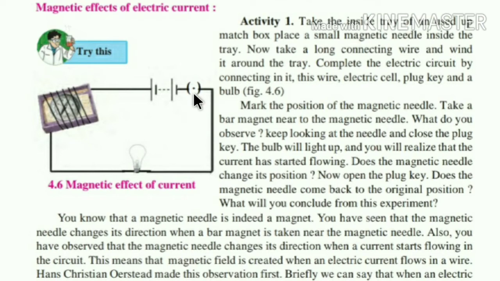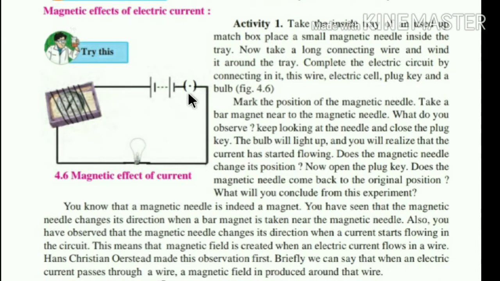Then what happened here? When the plug key is open, there is no current in this circuit. Hence, the magnetic needle comes back to its original position. What will you conclude from this experiment? A magnetic field is created when the electric current flows in the circuit.